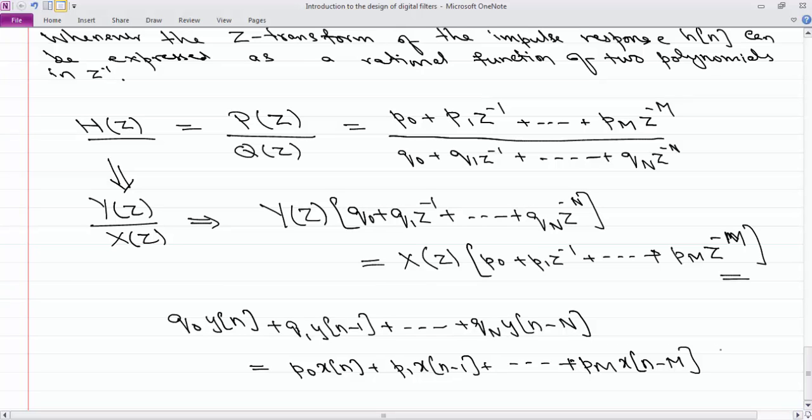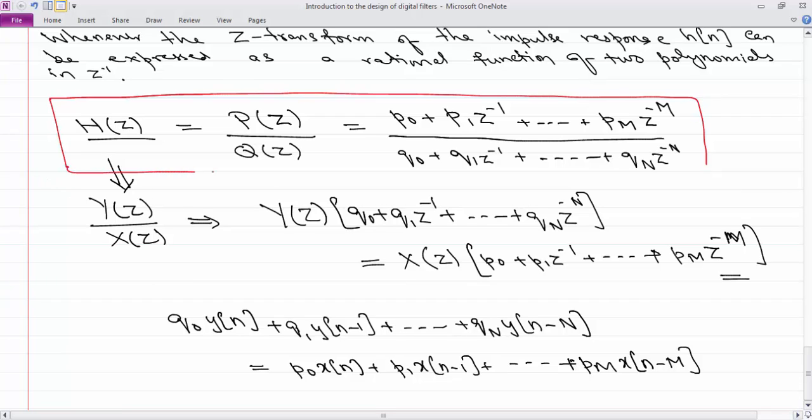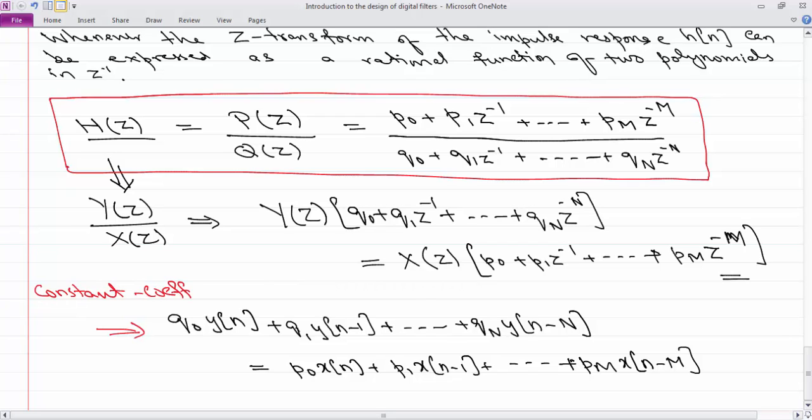So indeed, the bottom line is that if my impulse response has a Z transform which can be written as a rational function of two polynomials, then I am guaranteed that my system can be expressed as a difference equation. This is the constant coefficient difference equation.